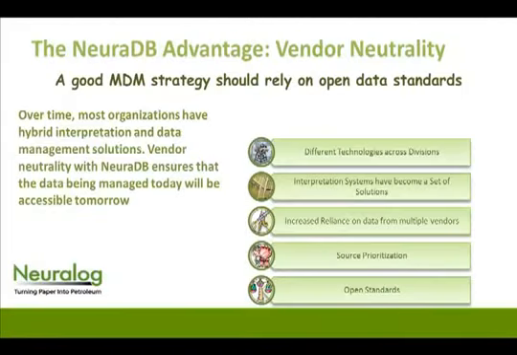Since NeuroDB is built on PPDM, it leverages open data standards to be vendor neutral. All data stored in PPDM can be delivered to any application system. There is nothing proprietary in the data model being used. The advantage of this is tremendous for most organizations today, as every organization has hybrid interpretation and data management solutions in place.